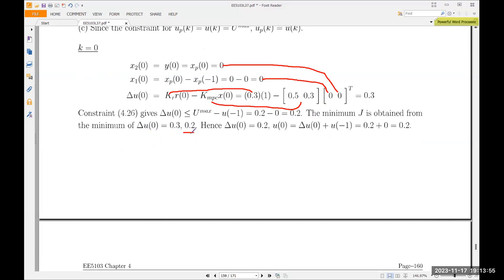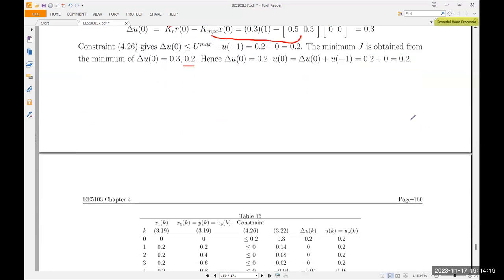Okay, because you must be less than 0.2. Your 0.3 is more than 0.2, so cannot. So it will say 0.2. Okay, so then delta U is 0.2, then U is just delta U plus the previous one, which is 0, so it's 0.2. So output is 0.2.